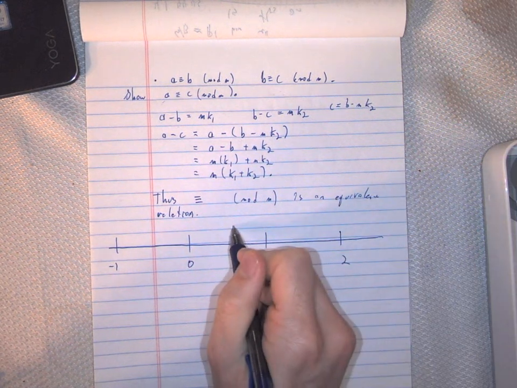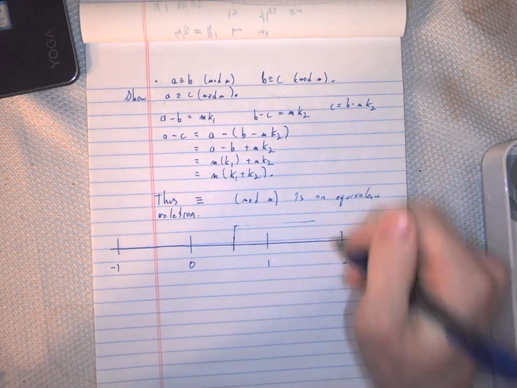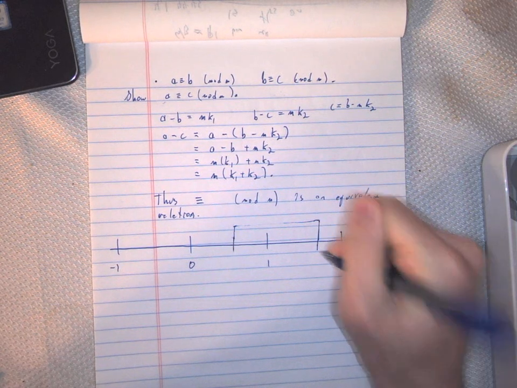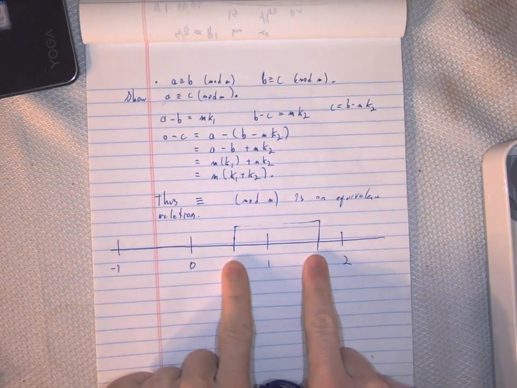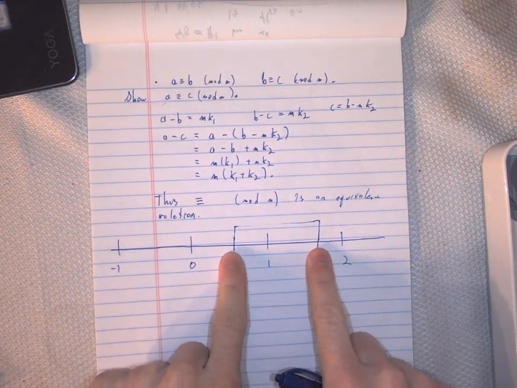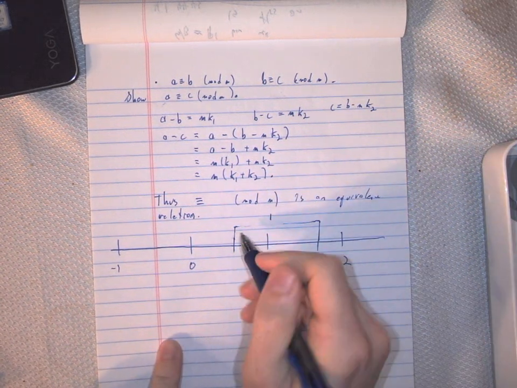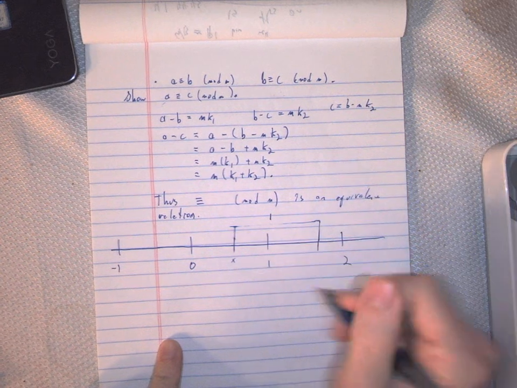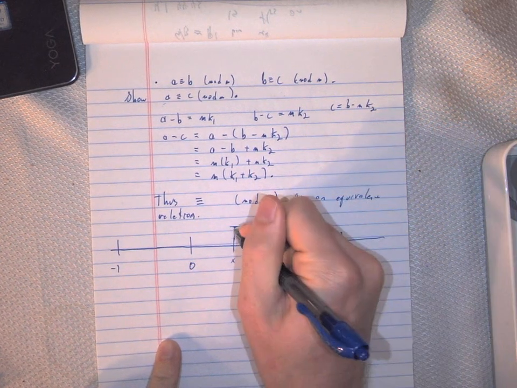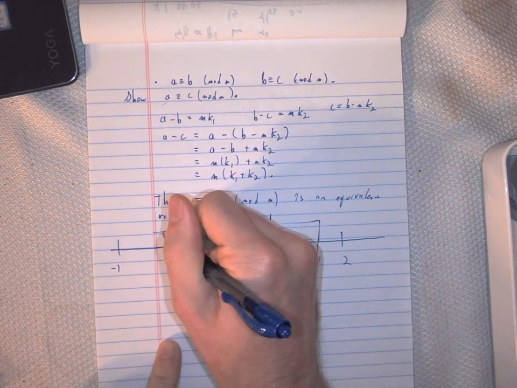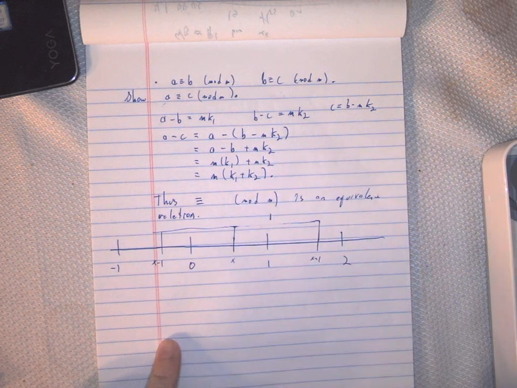If I add 1 to whatever this number is, then I'll get an equivalent number because the difference of this number and this number is 1. If I subtract 1 from this number, let's call it x, this is x plus 1, here is going to be x minus 1.